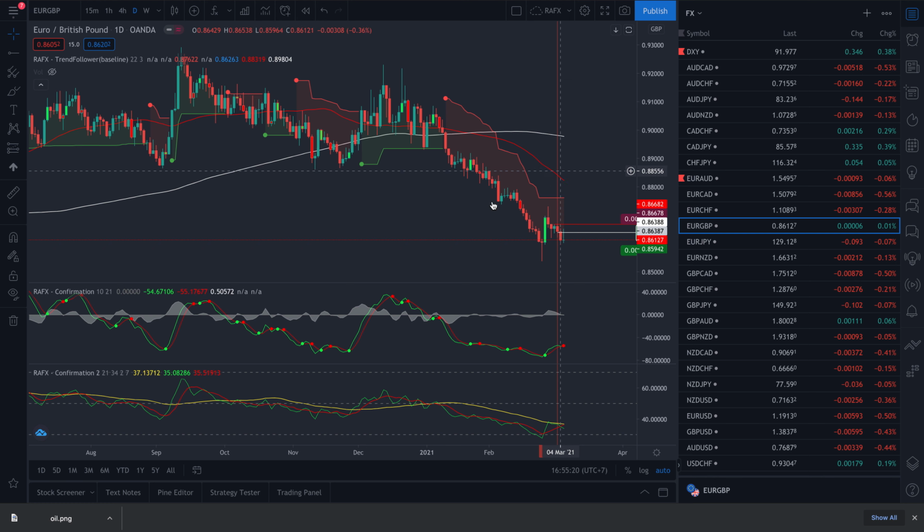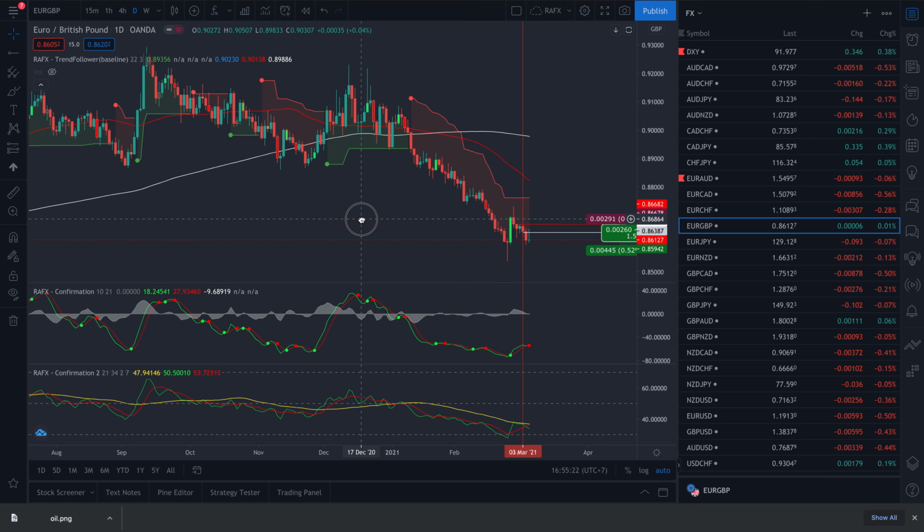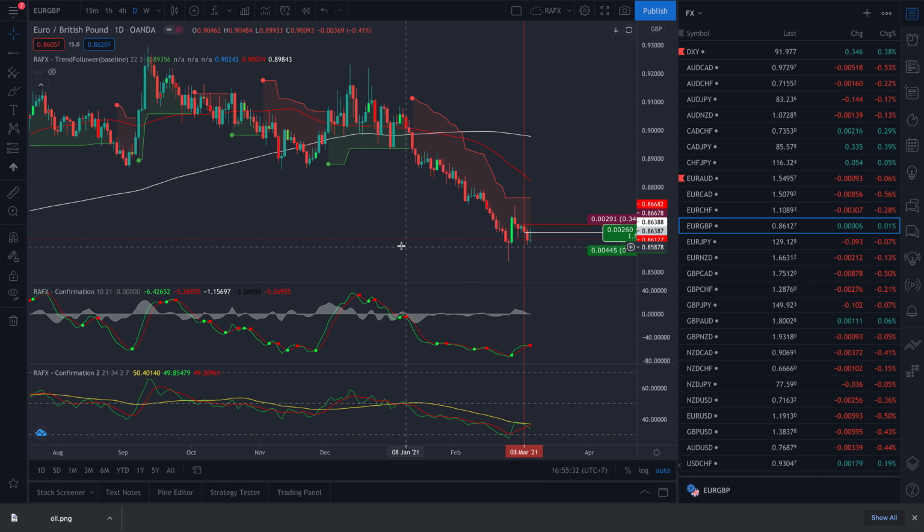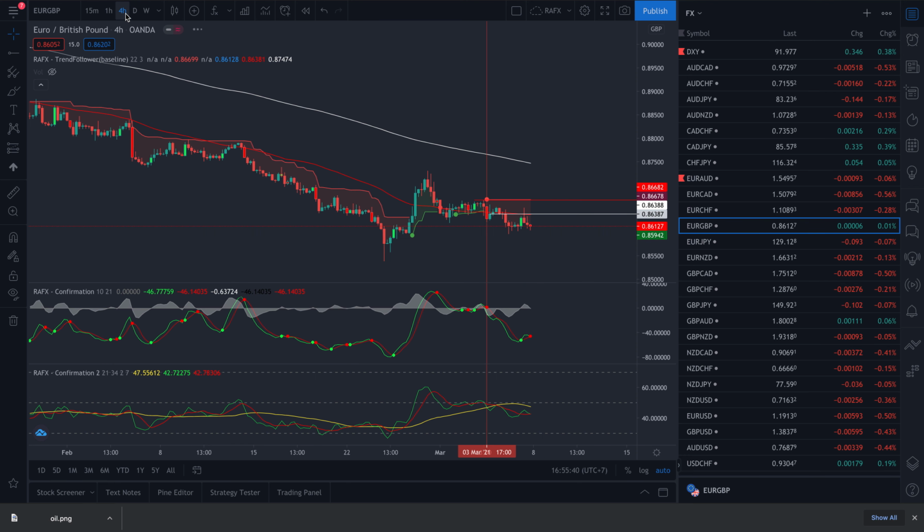For this one, I think I am also short in Euro GBP. Okay, and what I do is I check if in the 4-hour time frame I will have an exit signal. The exit signal is the reverse of my position, and my position is short, so I am going to look for the long signal as my exit signal.